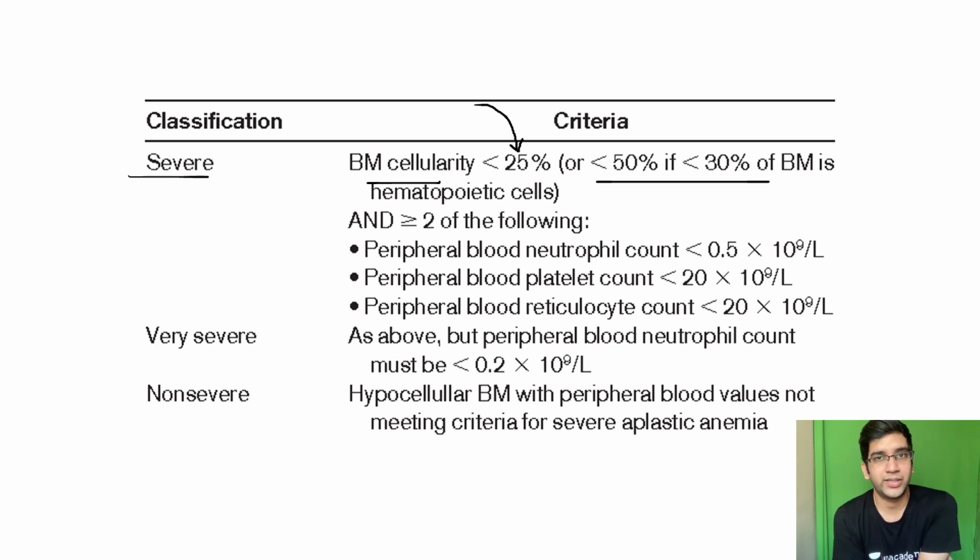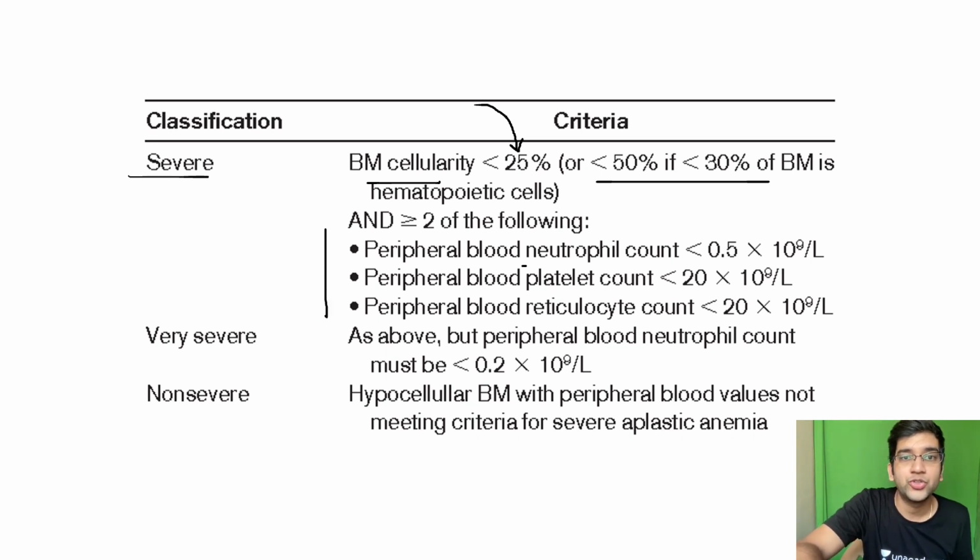In that condition, how do I take it? Because if it's not a good biopsy, I cannot keep on asking again and again, right? So if it's difficult to take, a procedural difficulty, and I have only 30% of the bone marrow as hematopoietic cells, in that condition, I'll take 50% as a cutoff. Even less than 50%, I can push into aplastic anemia, provided I have these 2 findings.